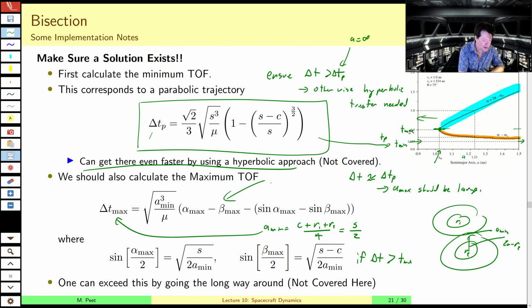So the beta max and alpha max are calculated, of course, from the standard formula. So again, you've got to calculate those two numbers. A min is going to give you your minimum energy, right? That's from the minimum energy, so that's your A min on your interval for bisection.